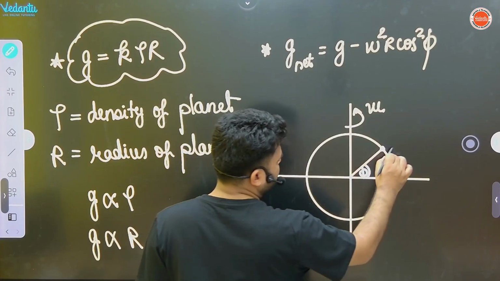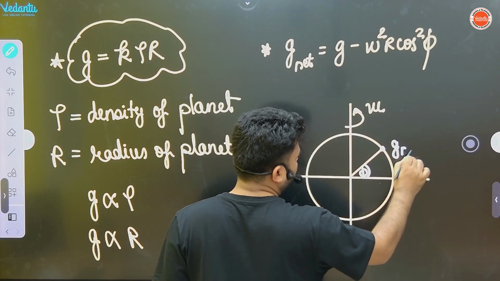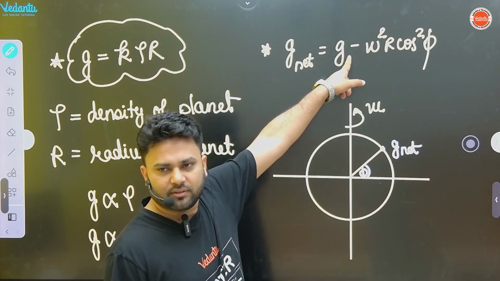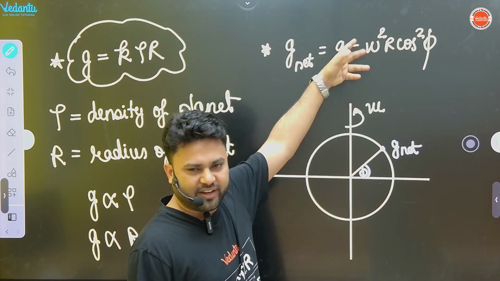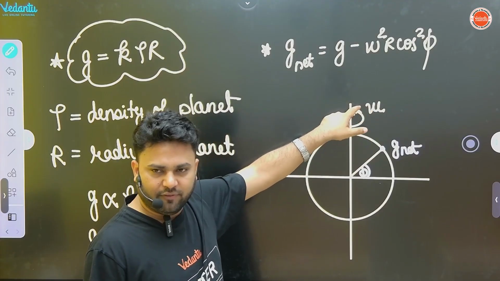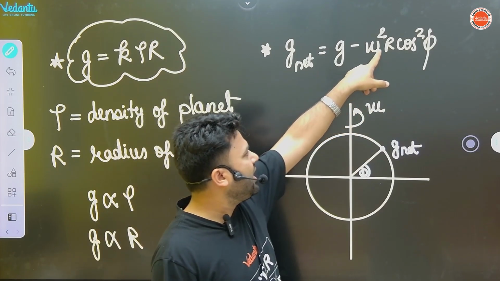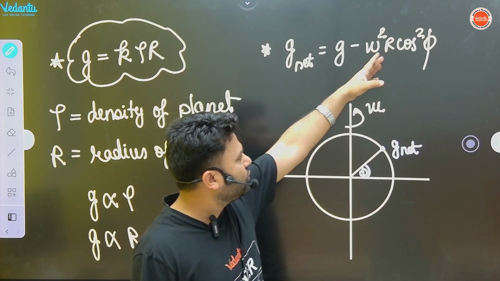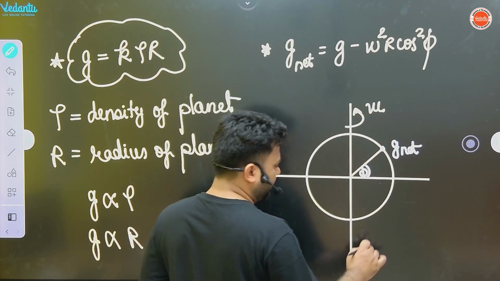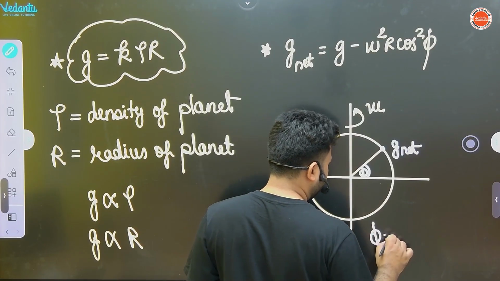So here it will be G net. And how you will calculate? G net equals G, 9.8 or 10 whatever, minus omega square. What is omega? Angular velocity of earth. R, radius of earth. Cos square phi. Phi is this angle. Phi is called latitude angle.